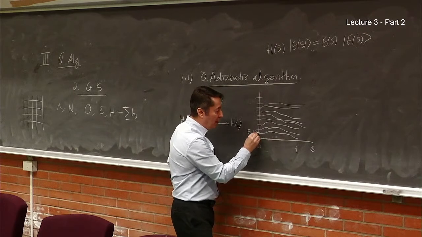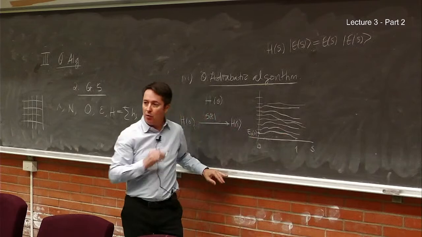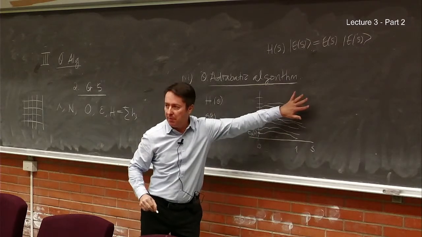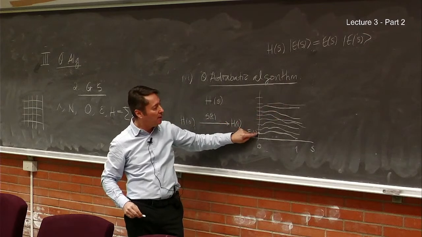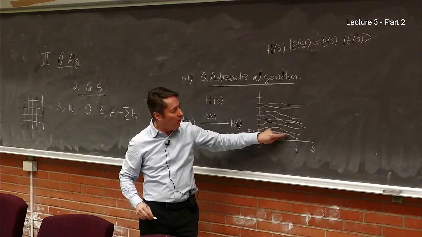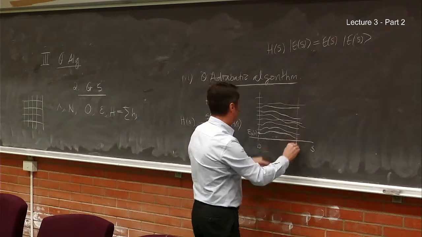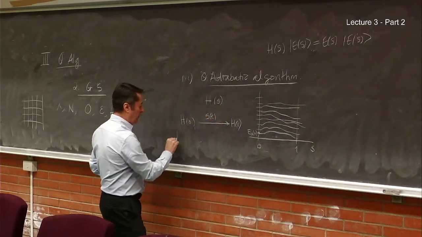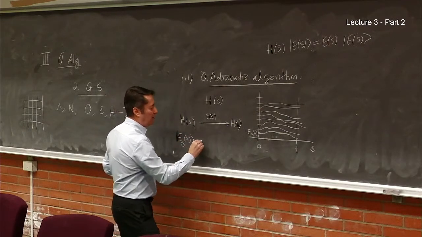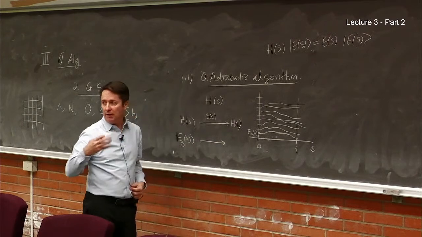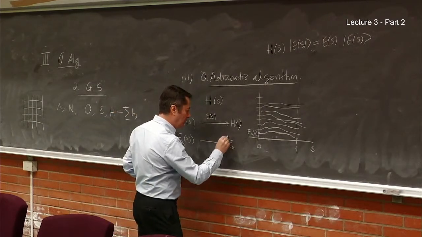So the energy will always follow this curve. You go faster, what will happen is that you will jump and start creating some excited states. But if you're sufficiently slow, then you will go all the way and land in the ground state of H of 1. So you start here with E0, let's say the ground state at 0. If you do it sufficiently slow, the technical word for that is adiabatically, then you will end up in E0 of 1.